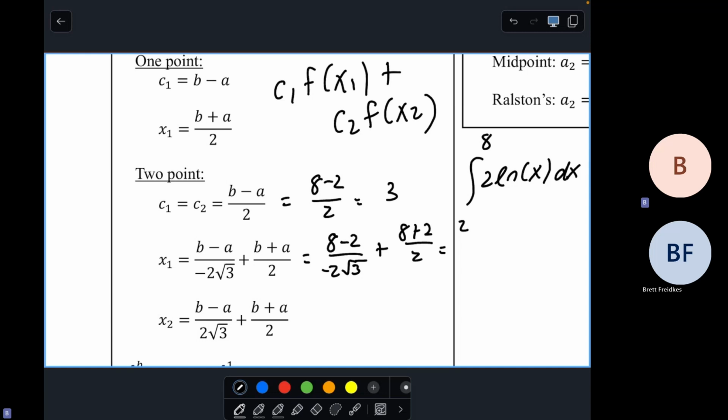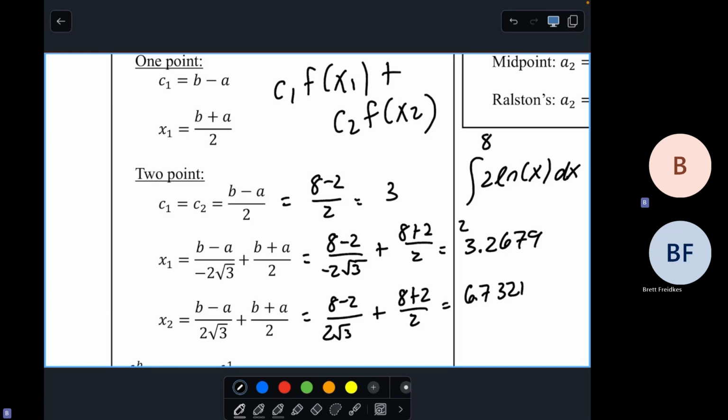That ultimately gives us 3.2679. And then we will do the same thing here. That ends up being 6.7321.